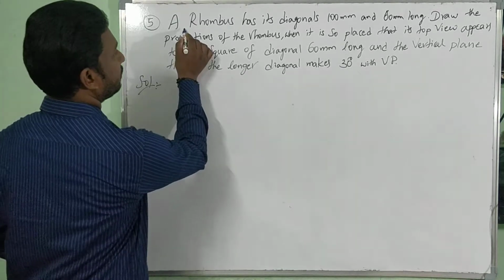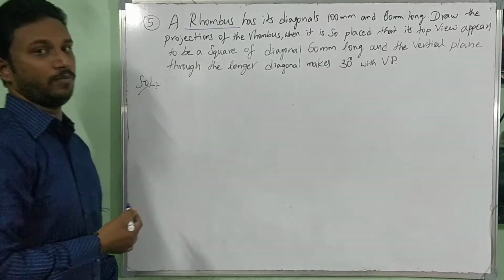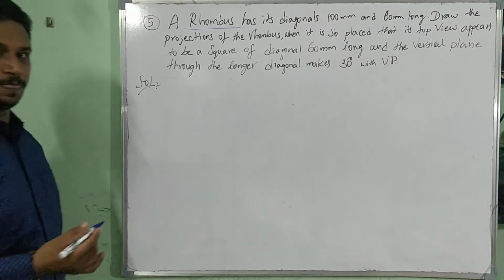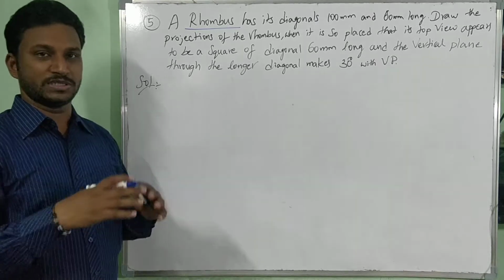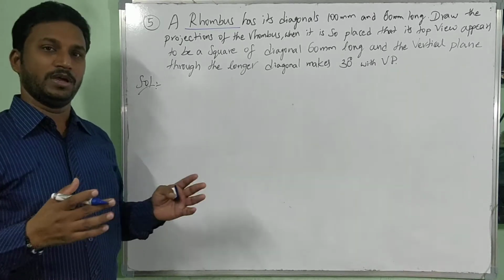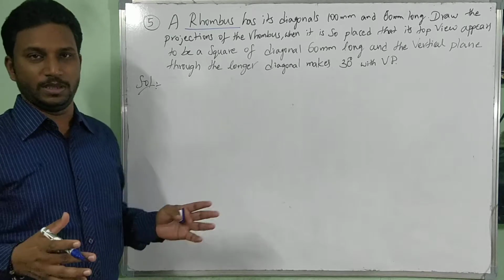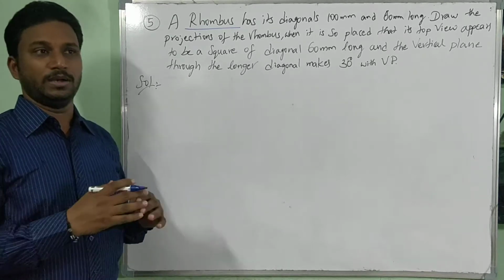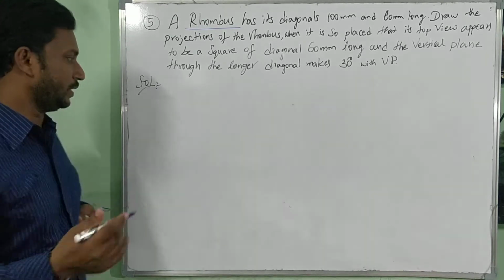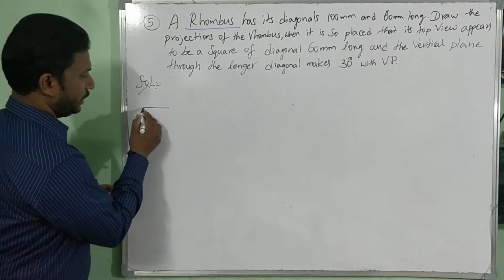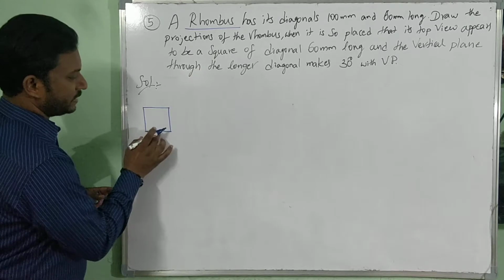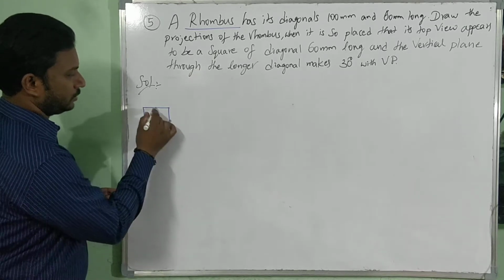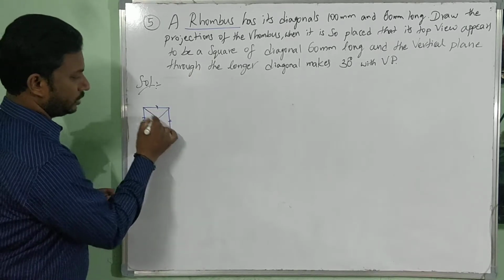The plane given to us is a rhombus. So what is a rhombus? A rhombus is also a kind of four-sided shape, where opposite sides will be parallel, sides will be equal, and diagonals will not be equal. Let me show you the difference. This is a square: all sides equal and diagonals also equal.